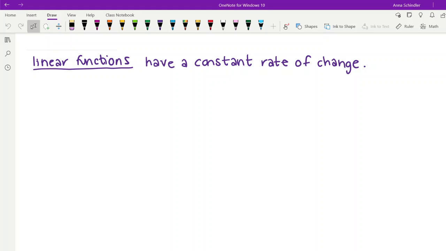Okay, so like I said, we're going to get a little bit more into this idea. As we said on the last page, linear functions have a constant rate of change. And so what that means in the context of modeling, and modeling, by the way, I talked about in an earlier video, just means using functions to represent real world situations.